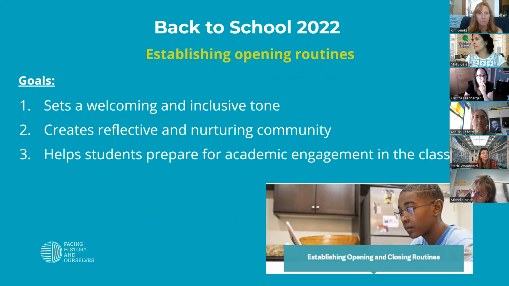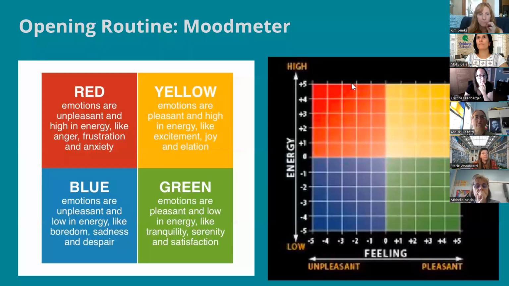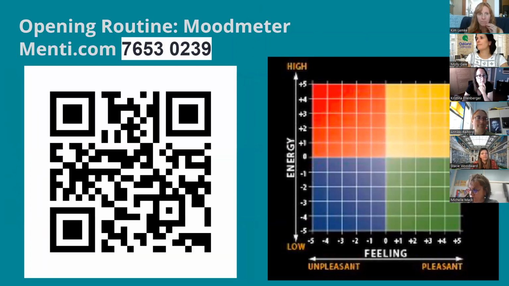So just one example, we're not going to do this now, but if you go to the next slide, Molly, is this idea of a mood meter. And if you click through to the next slide, you'll see the same thing, but with some links for how we use it for Mentimeter. So Mentimeter is a great online tool where, with smartphones, and you don't have to do this now, but you could click the QR code or you could click a link.